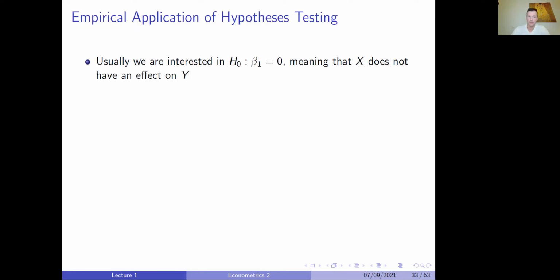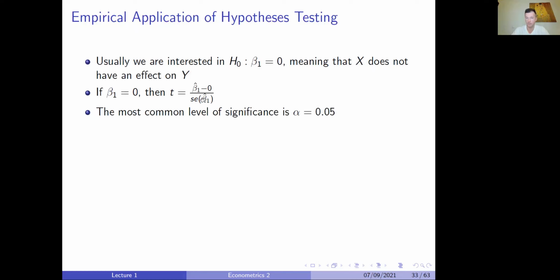So as I said, usually we are interested in the null hypothesis that beta 1 equals 0, which means that x does not have an effect on y. So if beta 1 is 0, then the t value looks like this, or it's simply beta 1 hat divided by the standard error.